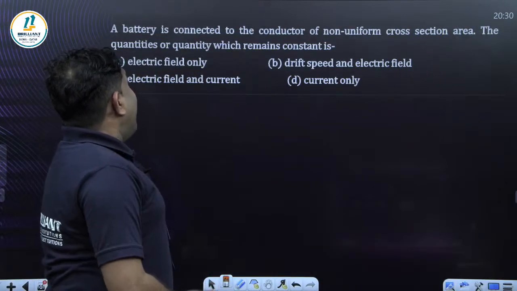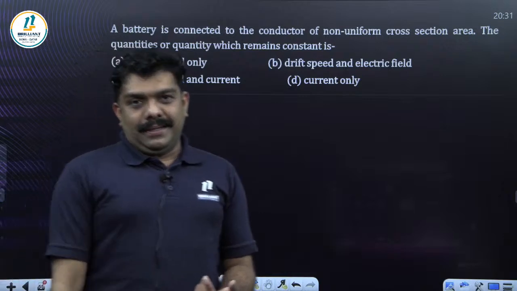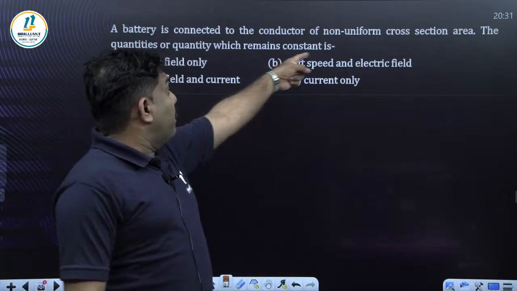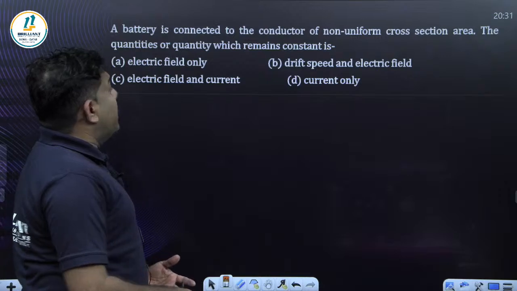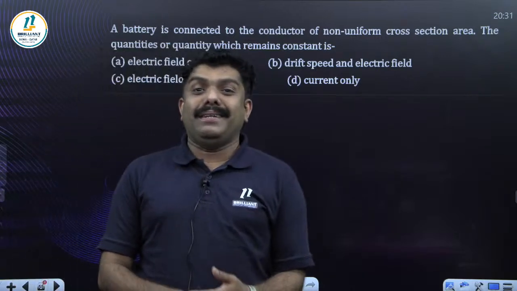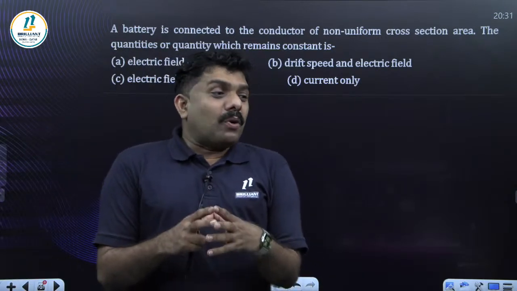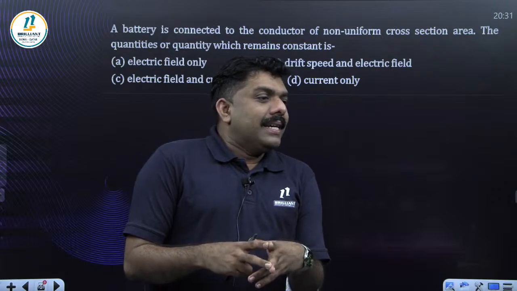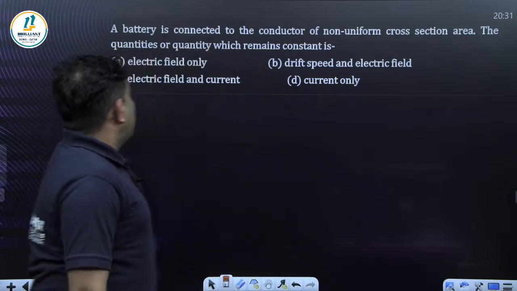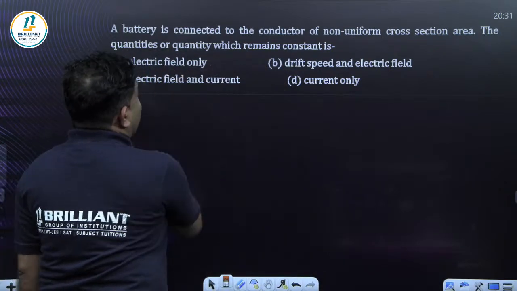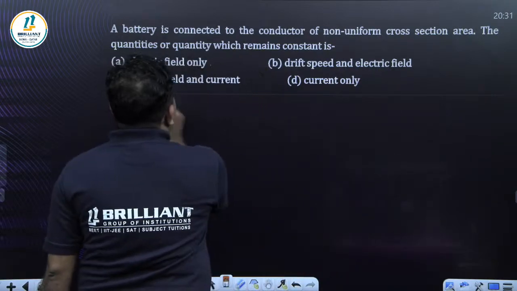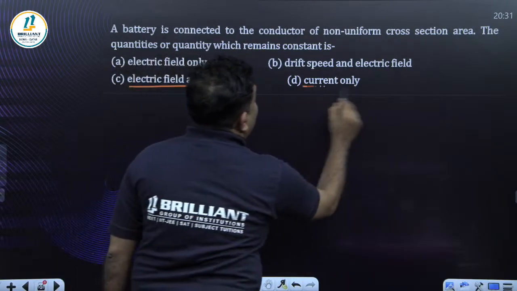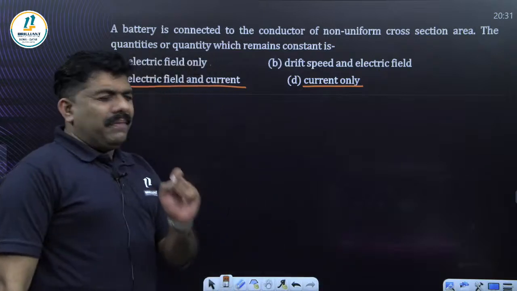Look, a battery is connected to a conductor of non-uniform cross-section area. The quantity which remains constant is, here we are going to explain which quantity remains constant. Whether electric field, or drift speed and electric field, or electric field and current, or current only is constant, we can verify.